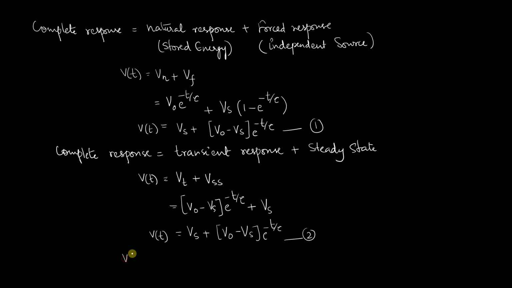So we can write V of t is equal to V of infinity plus V of 0 minus V of infinity e power minus t by tau, where V of infinity is the final or the steady state value of the capacitor voltage, the stable value, whereas V of 0 is the initial value of the capacitor voltage.